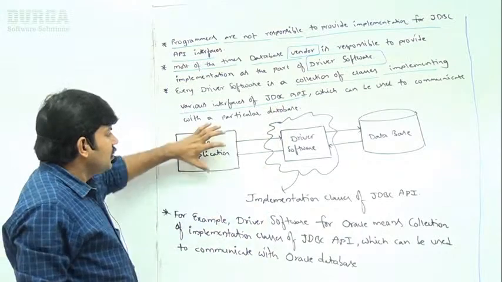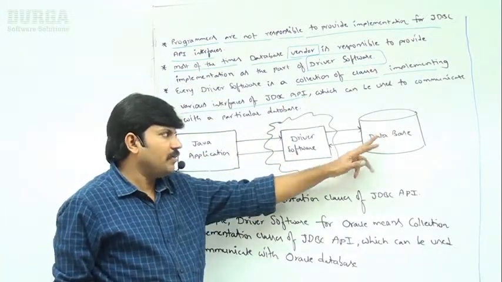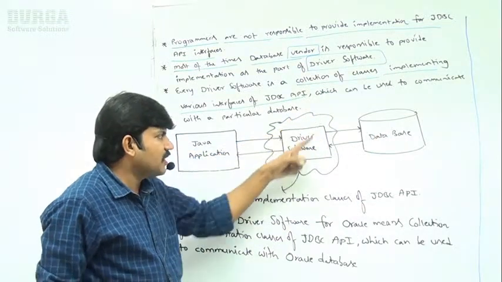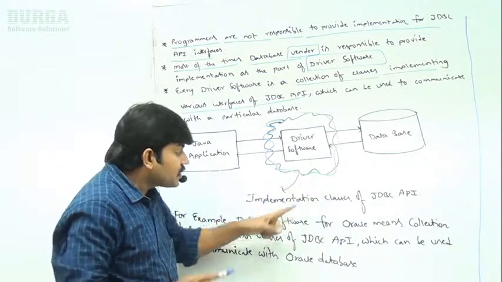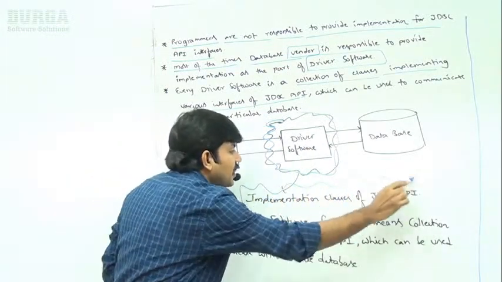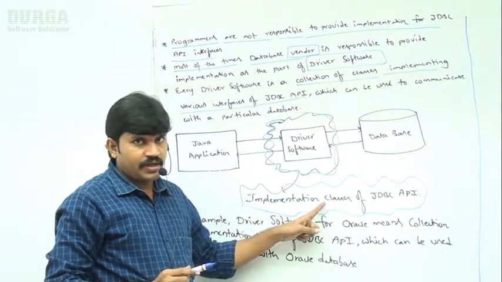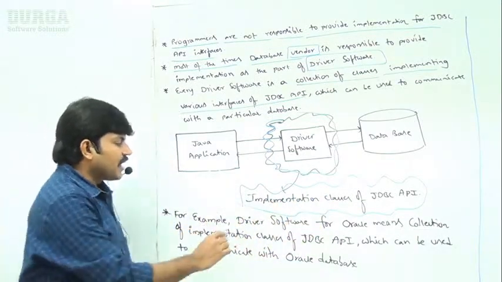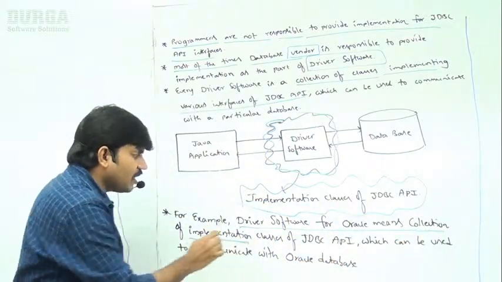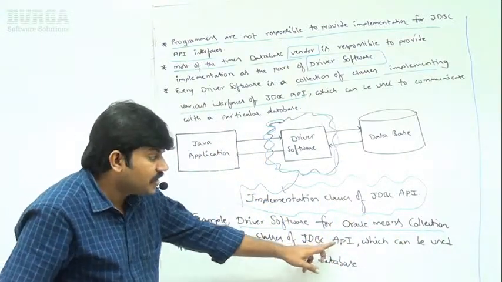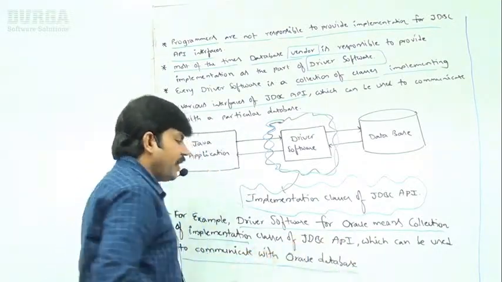Very simple. A Java application is there, a database is there. To communicate with the database, compulsorily some concept is required. What is this concept? Driver software, which is the implementation classes of JDBC API. For example, driver software for Oracle means a collection of implementation classes of JDBC API, which can be used to communicate with Oracle database.